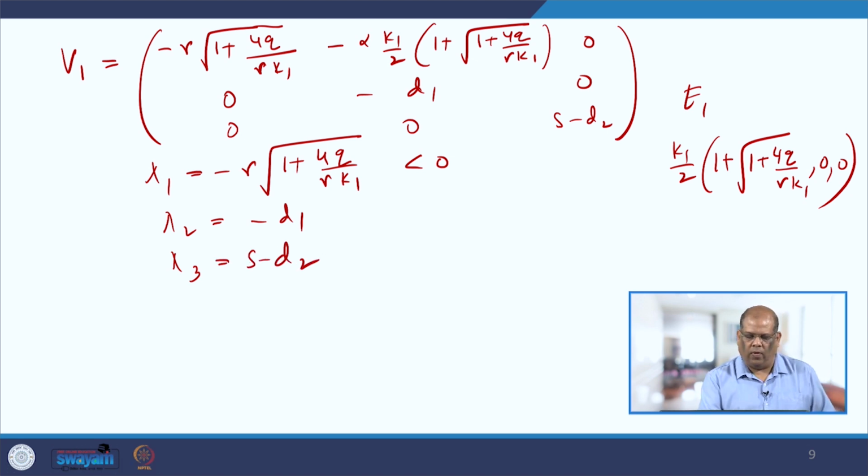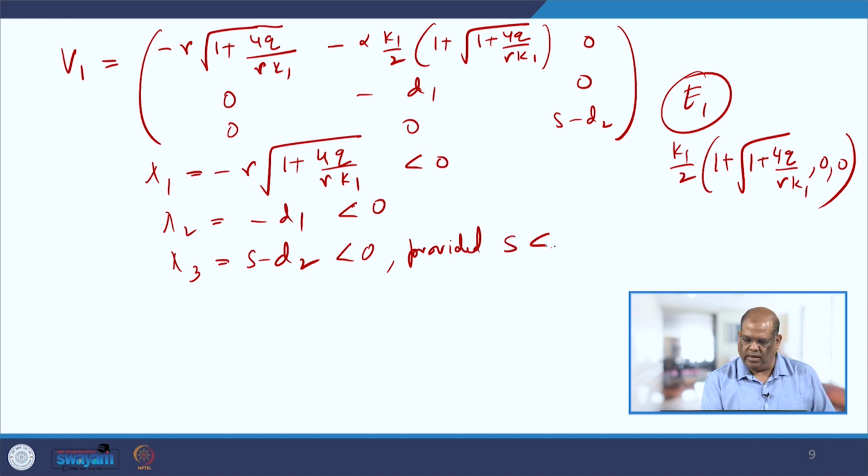Now, for this E1 to be stable, the first eigenvalue is less than 0, the second eigenvalue is less than 0, and the third will be less than 0 provided S is less than D2. So, if S is less than D2, then this equilibrium point E1 will be stable.